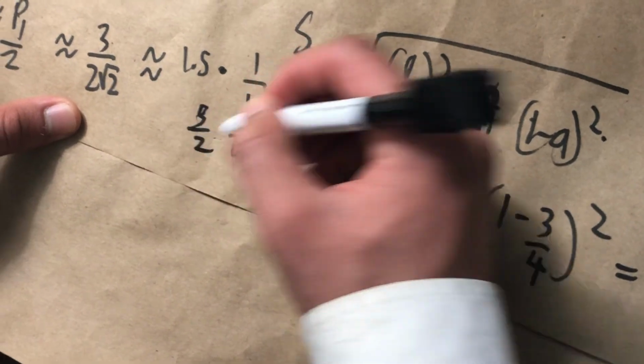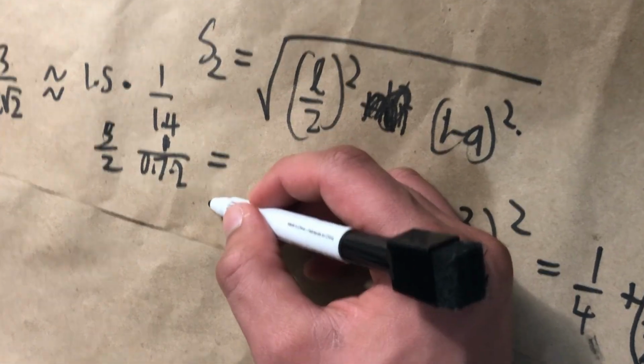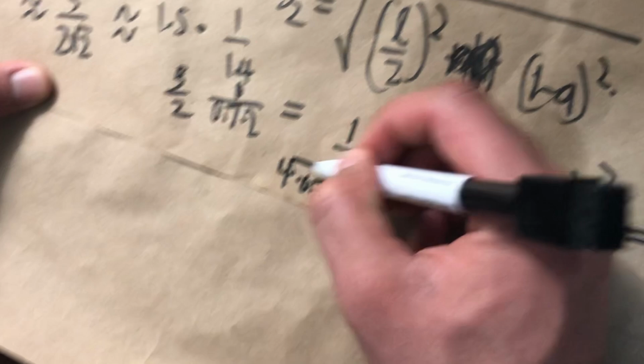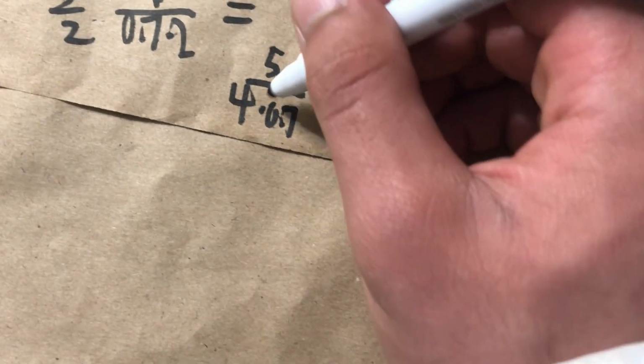If I over 2, we just take this out, we get 4 times 0.7 times 5. There we go.